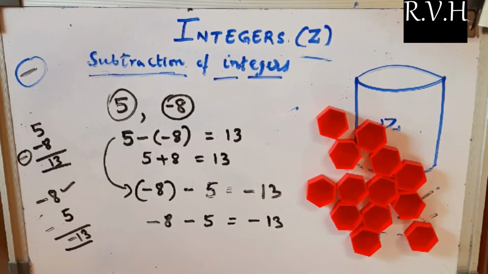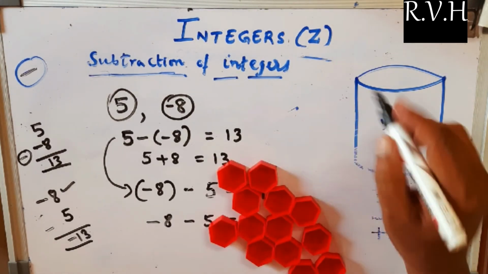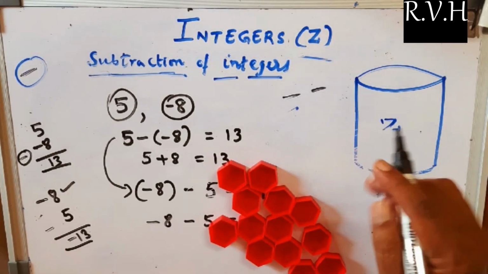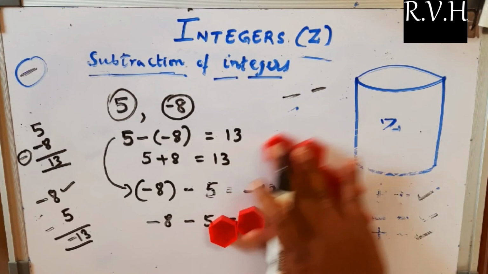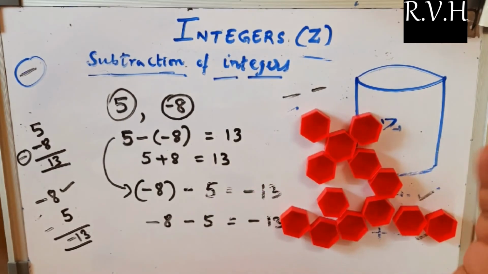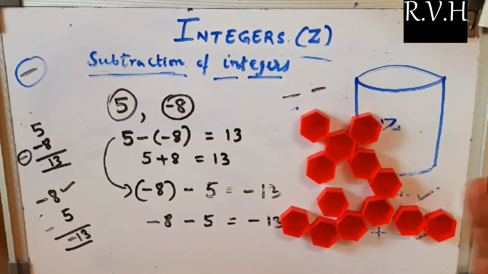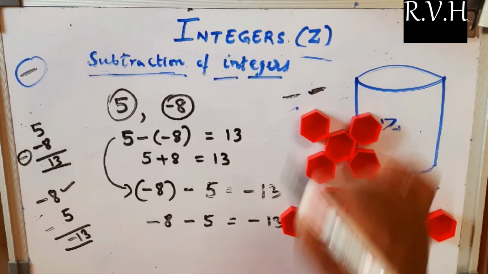This is the way how to subtract integers. Some of you stereotypically remember minus becomes plus. That kind of blunt remembering is not good. When we are adding or when we are subtracting, we must be careful. In multiplication only it becomes plus.